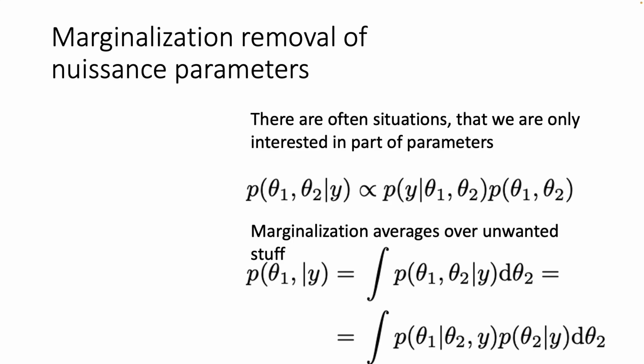Where θ2 is more probable, those values will be more important in this average, and where θ2 values are less probable, the corresponding θ1 values will be less influential on this final distribution.